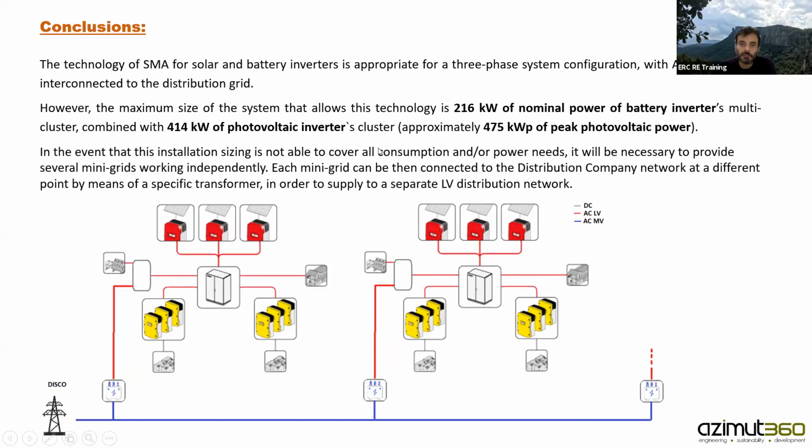Okay, so this is the most flexible, versatile solution for interconnected mini grids that we can have from SMA at the moment, which is probably the most popular. Yes, this technology is very well known, and so it is the easier way.